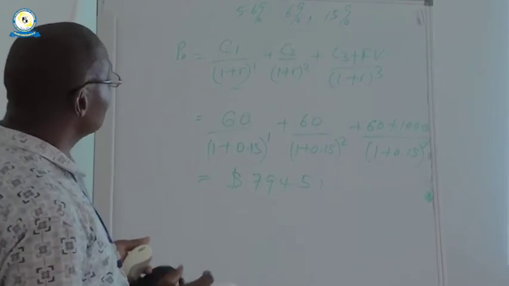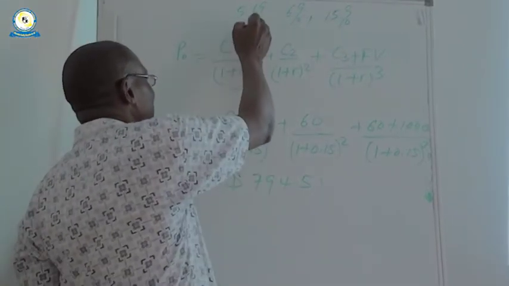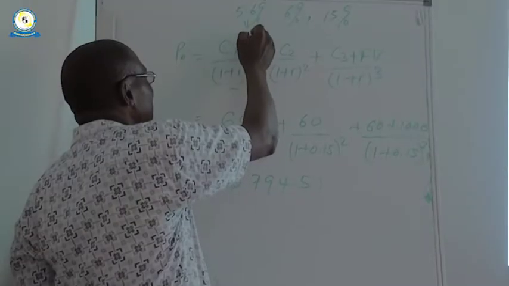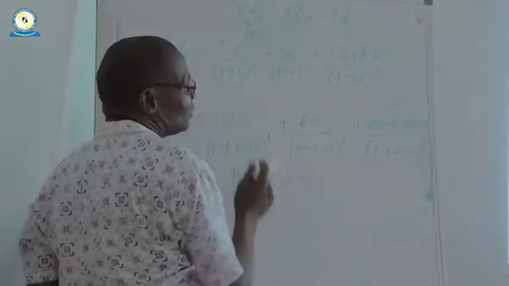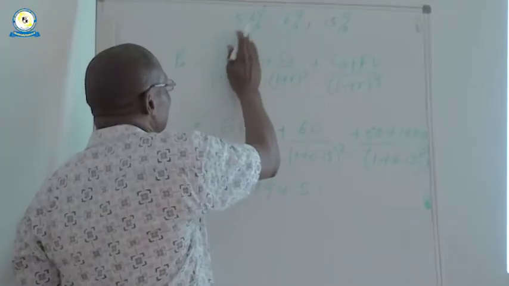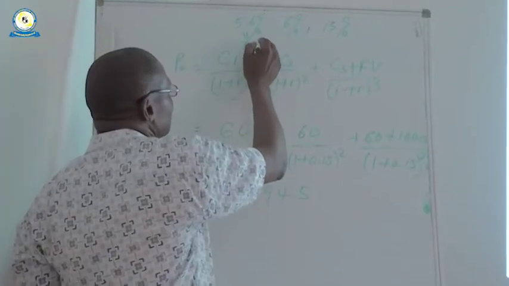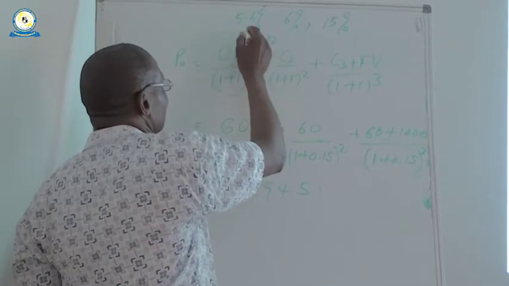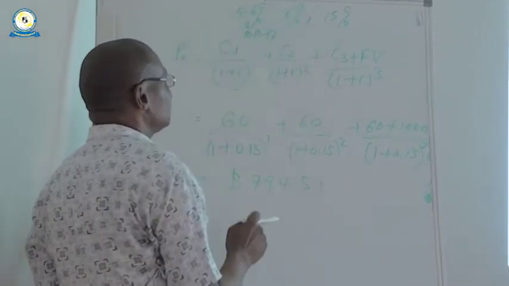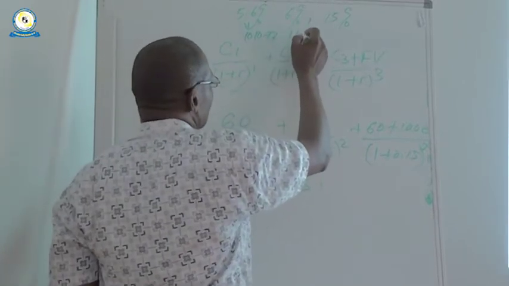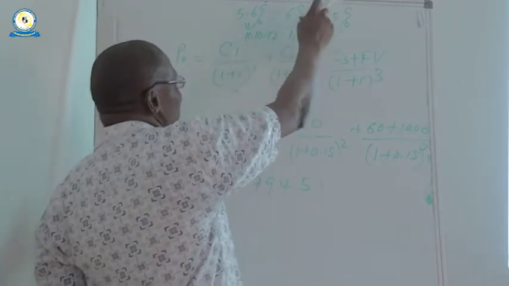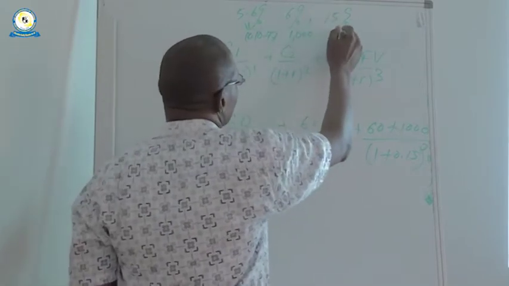So what do we discover? It means that for this rate we get 1,010.77. By using 6%, we increase the rate, we get 1,000. We increase the rate more, we get 794.